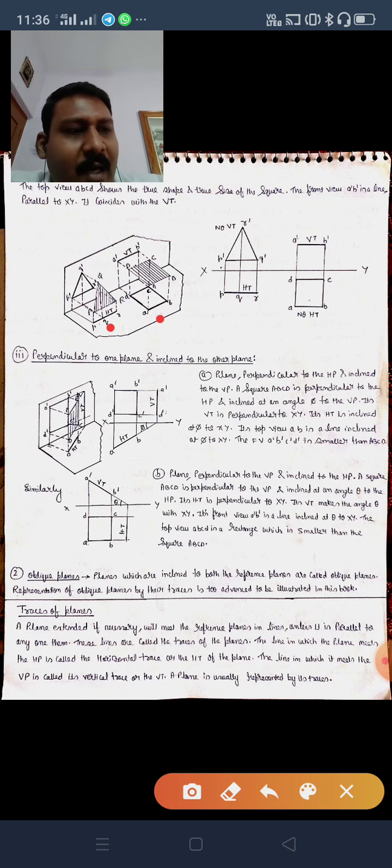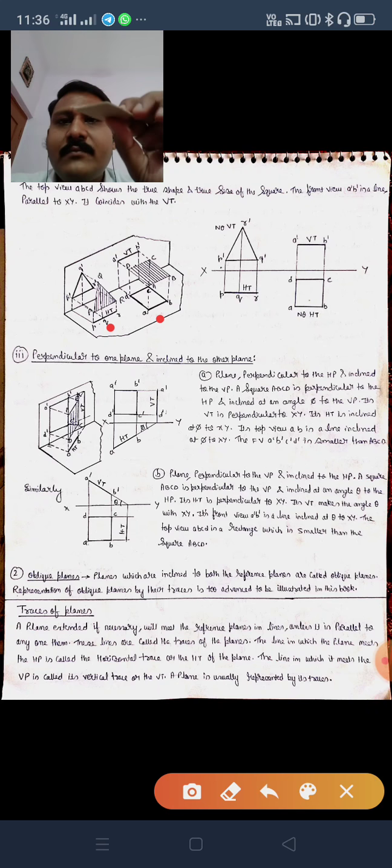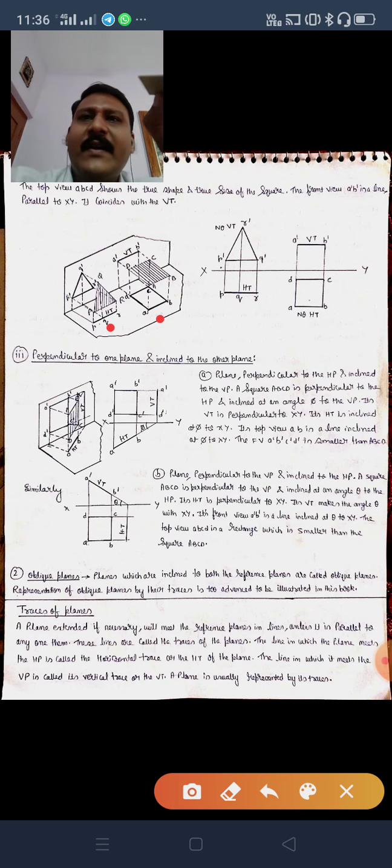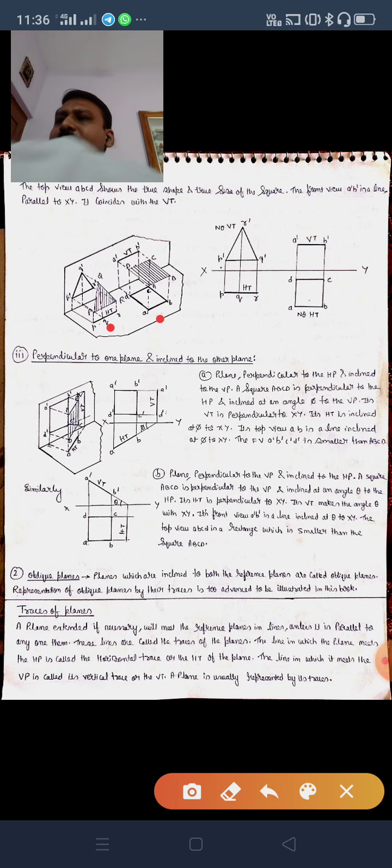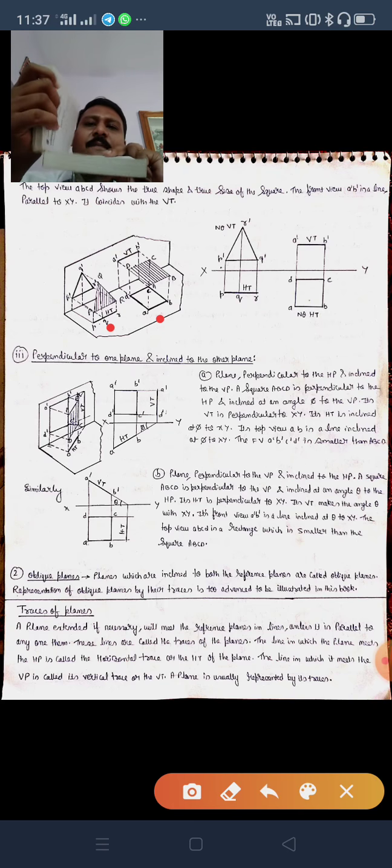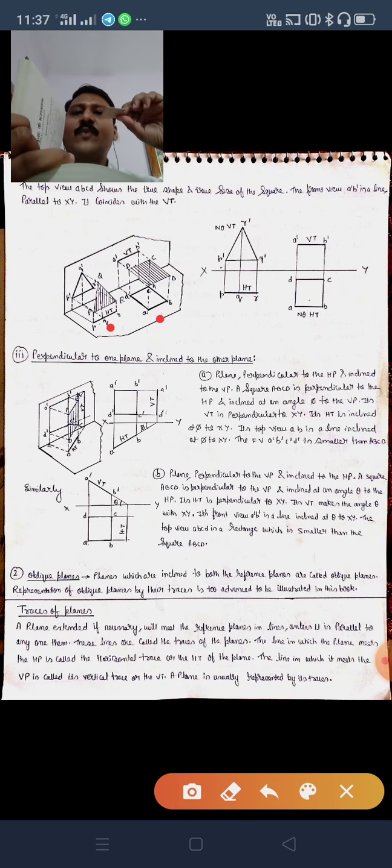A square is kept like this, and this is my plane. Suppose this is the XY plane. Okay, and in this XY plane this square is kept like this. Okay, this is the plane.